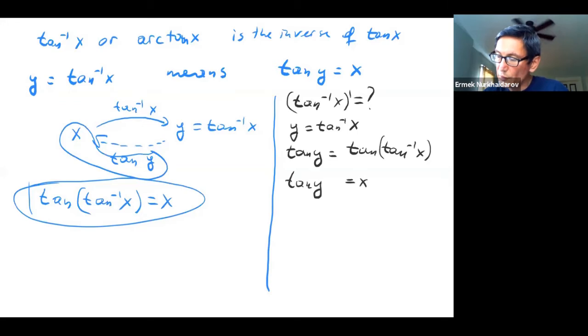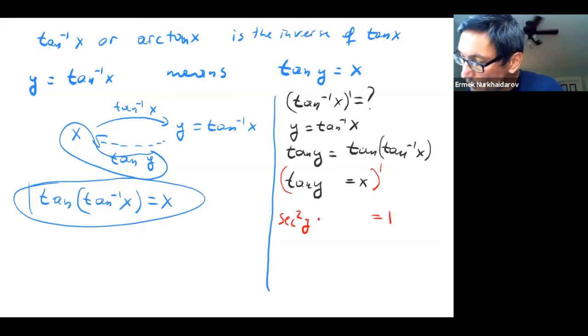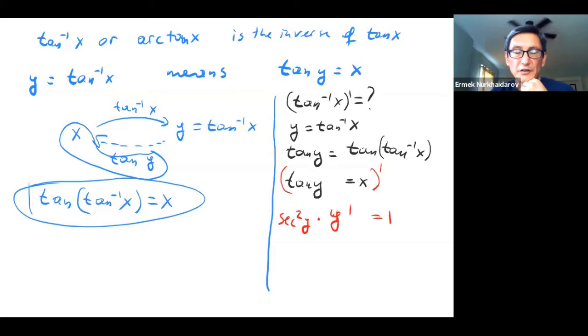And at this point, we're going to take the derivative of both sides. Derivative of the right is easy, it's 1. Derivative of the left: the derivative of tangent is secant squared, keep argument y, times y prime, because we're doing the chain rule, derivative of an implicit function.